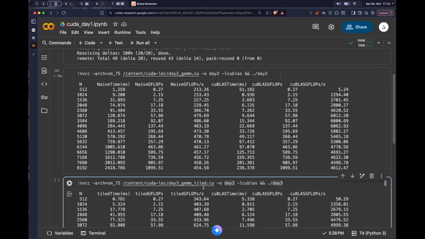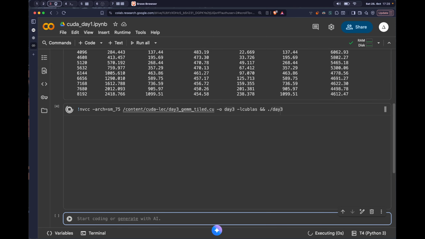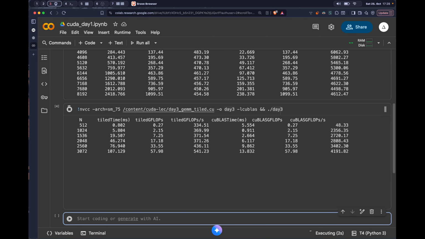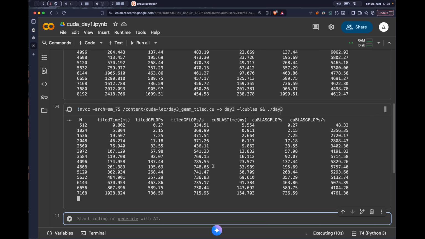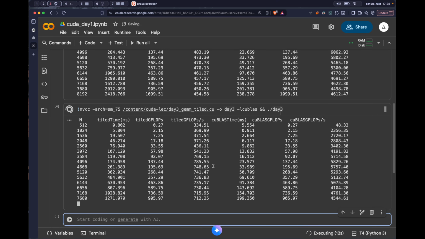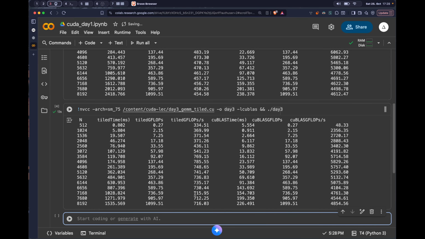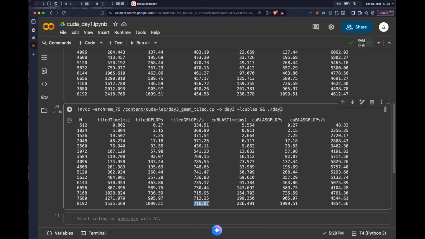Now let's see how the shared memory one is doing. You will see immediate improvement, almost 1.5 times improvement. We are reaching around 716 gigaflops per second. So that is good.